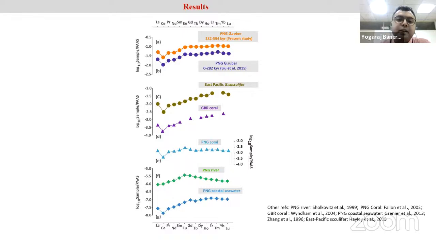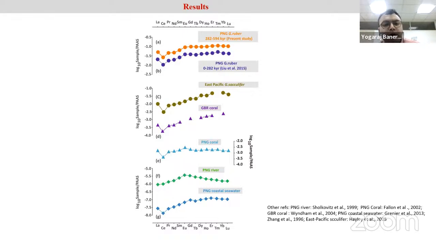C and D. Panel B are actually the results from 0 to 282 kilo year that was investigated by Liu et al. 2015. And panel A are from the present study, where we extended this record further till 600 kilo year, and that is represented by the orange color dots.